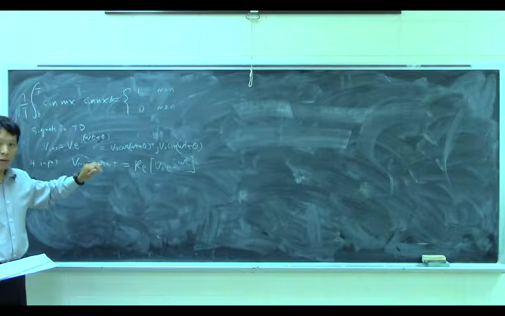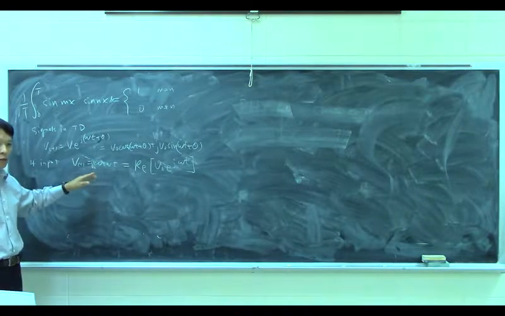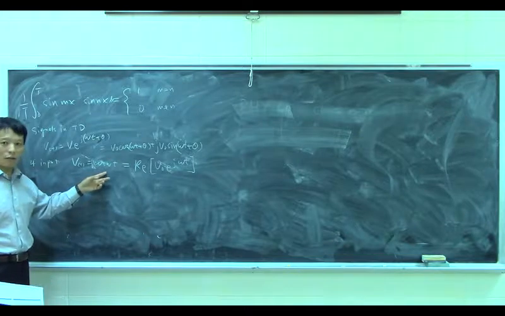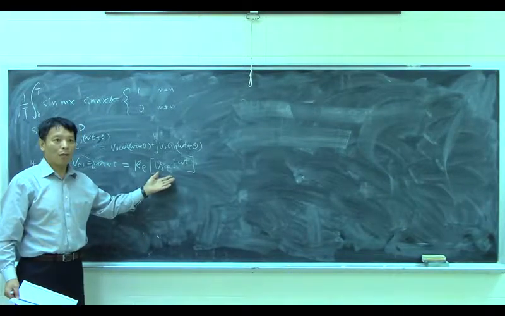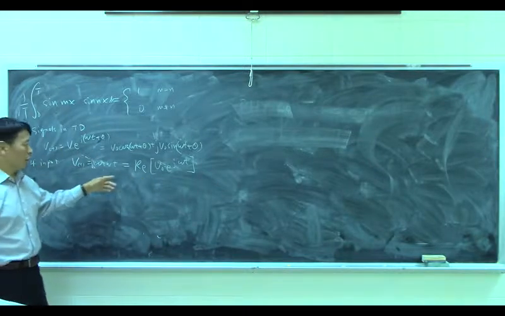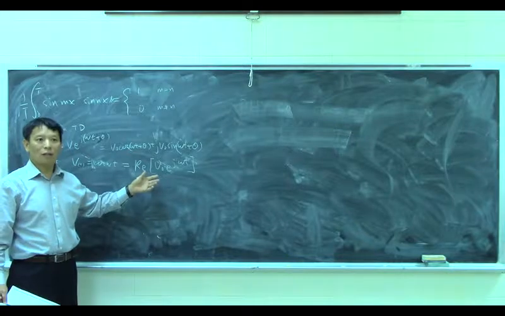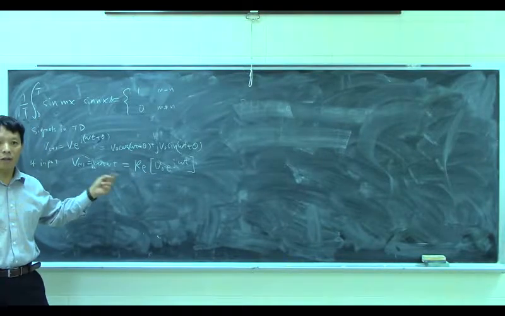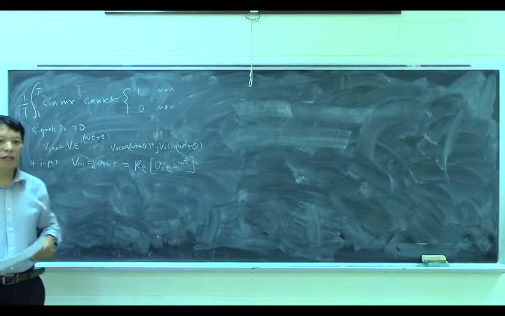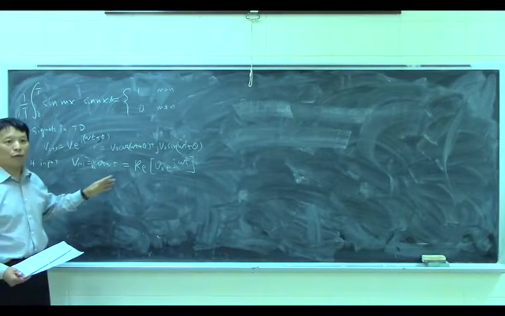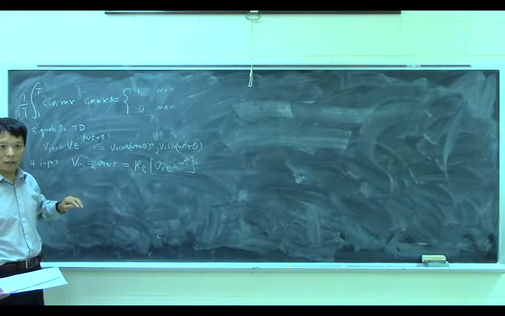This is useful. Why? Because later, if the input is a cosine function, we can still assume the input is exponential. But at the last step, we just take the real part of the solution, then that will be the output of the real system. For example, when we analyze the bandwidth of FM signal, later we are going to use this technique.